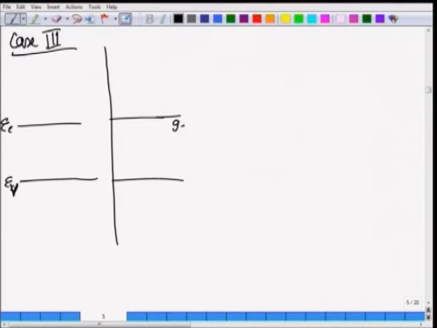I am going to plot GC and GV with the blue curve right here like this; they do not change with the Fermi energy. So, this is GC and this is GV, and this scale of course is the energy scale. The Fermi energy we are going to this time keep very close to the valence band edge. So, here is the Fermi energy.